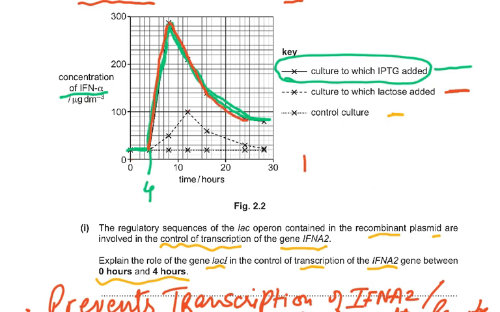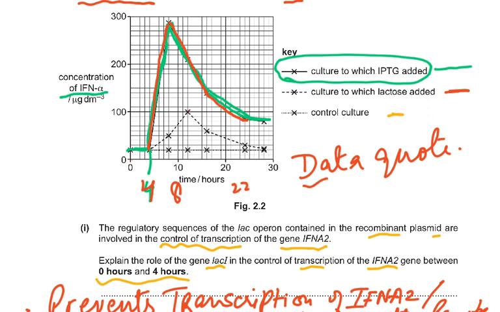And then you could give me a data quote. A data quote means that you're giving me the figures at 4 hours, and then you're giving me the figures at 8 hours, and then you're giving me the figures at 22 hours. So this is a data quote. A data quote means that you give me the figures, time in hours, and the IFNA in micrograms per dm cube.